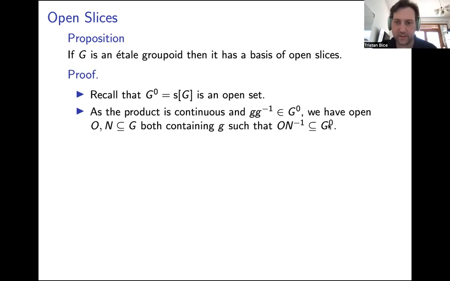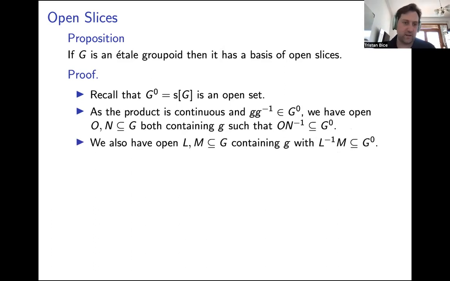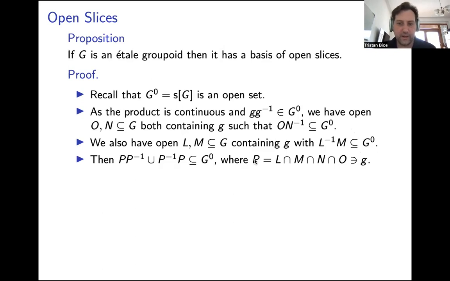So I found this O and N satisfying this, and then I can do exactly the same thing on the other side. I can look at G inverse G, and again find open sets L and M containing G such that L inverse M is now contained within the unit space. And now, just to get what I want, I take the intersection of all of these open sets, L, M, N, and O. It's still an open set, definitely.